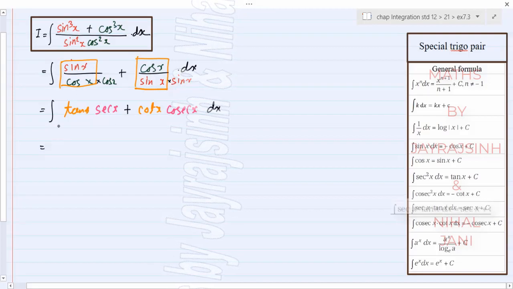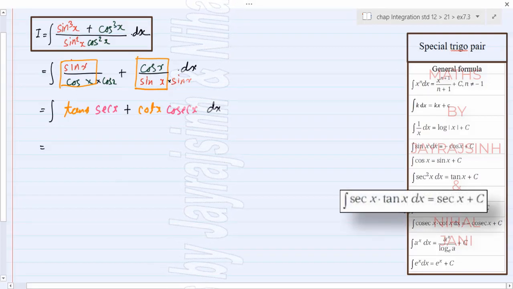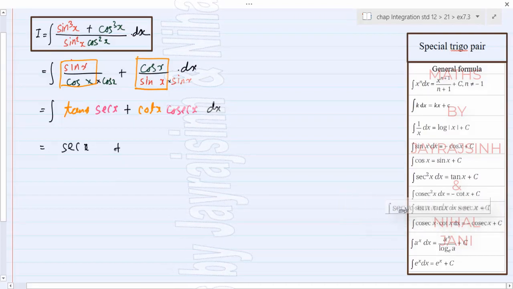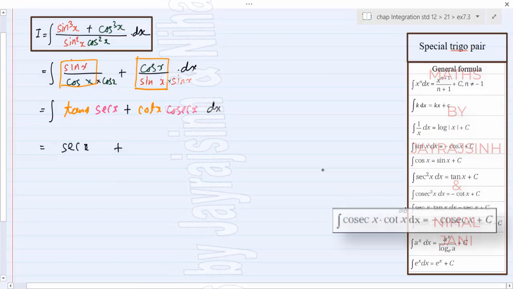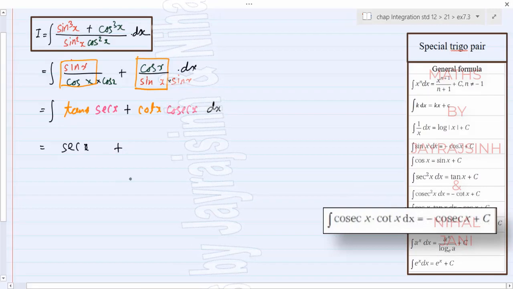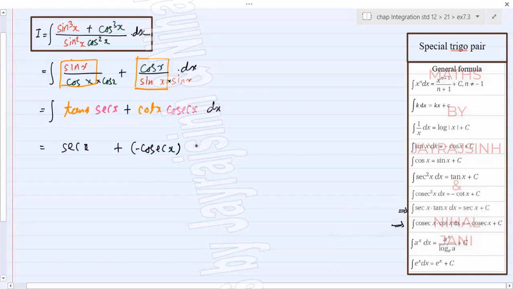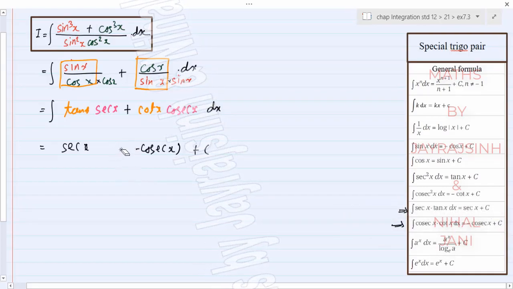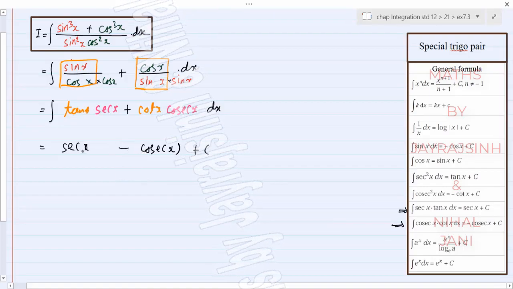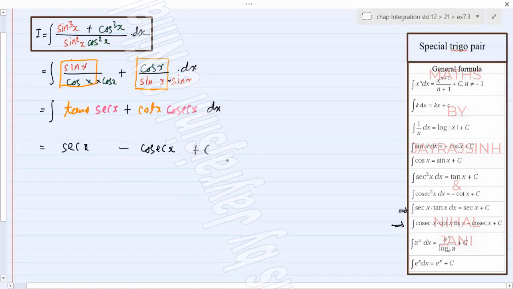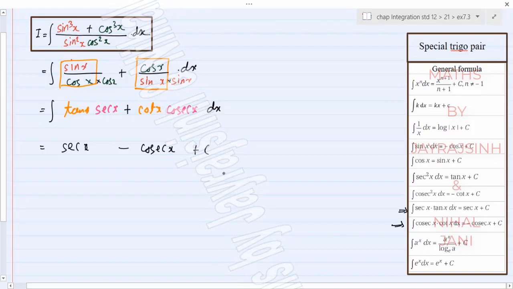So we are ready to integrate. Integration of tan x into sec x will be sec x, plus integration of cot x into cosec x will be minus cosec x, plus c. Or we can say sec x minus cosec x is your final answer. Ta-da!